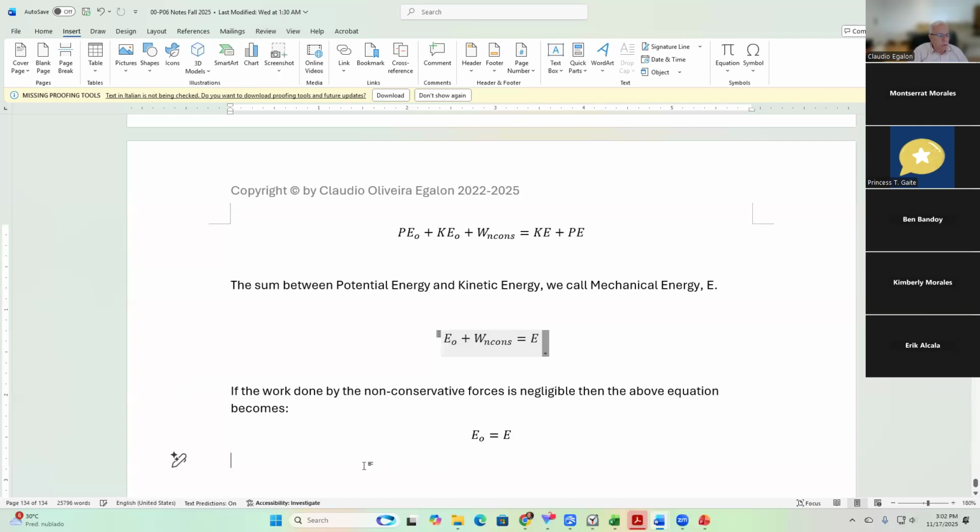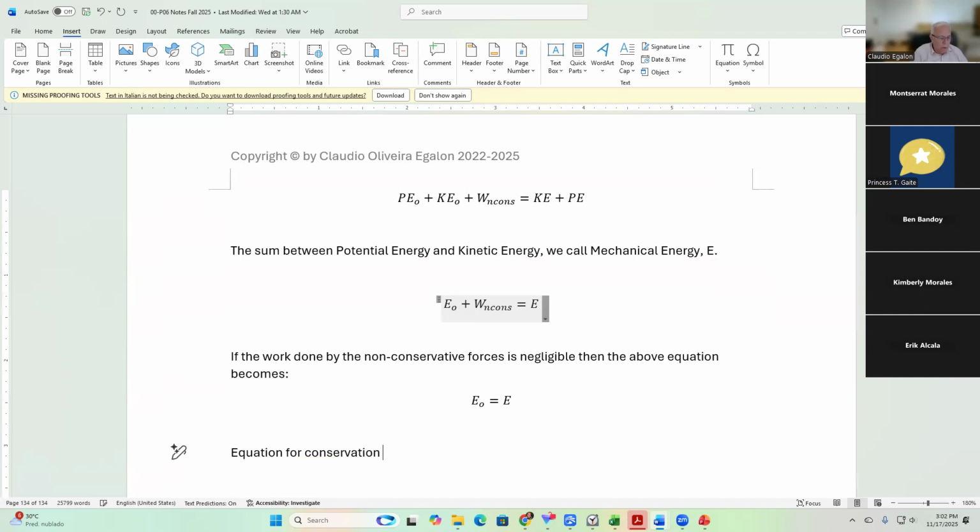And that's what we call the equation for conservation of mechanical energy. It's not a law, okay? Not in this sense.